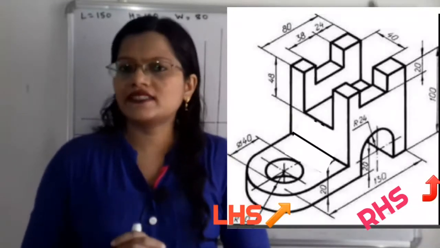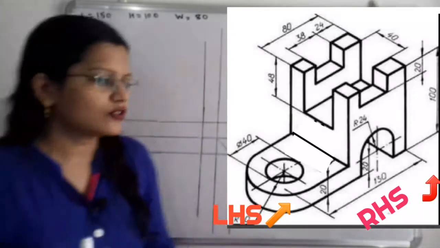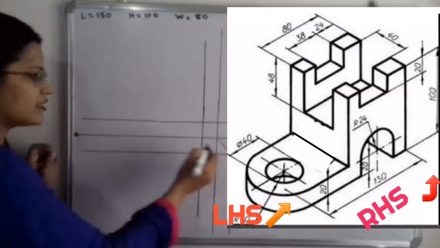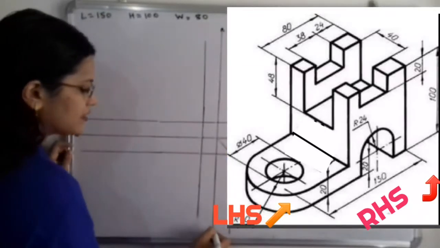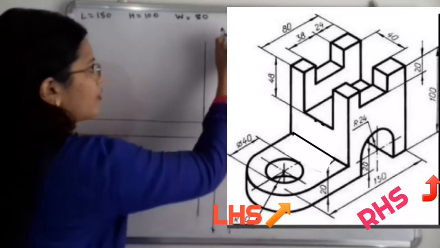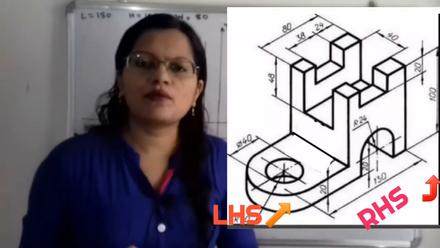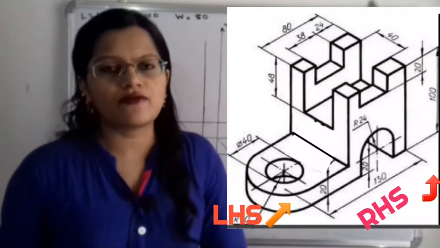So what is the basic construction? We first draw the x-axis, the horizontal line, and the vertical line we consider as the y-axis. First draw these two lines and then keep some distance on both sides of the x-axis and y-axis.